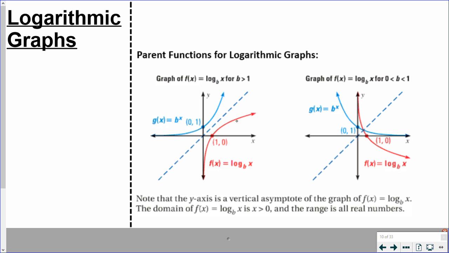And also notice that it is now starting to level off at a vertical line. So the asymptote for log functions is actually going to be a vertical line, and for this parent function, that vertical line is x equals 0 because it crosses the x-axis at 0. So the log functions are different than the exponential functions because these have a vertical asymptote, whereas your exponential functions had a horizontal asymptote. Okay.